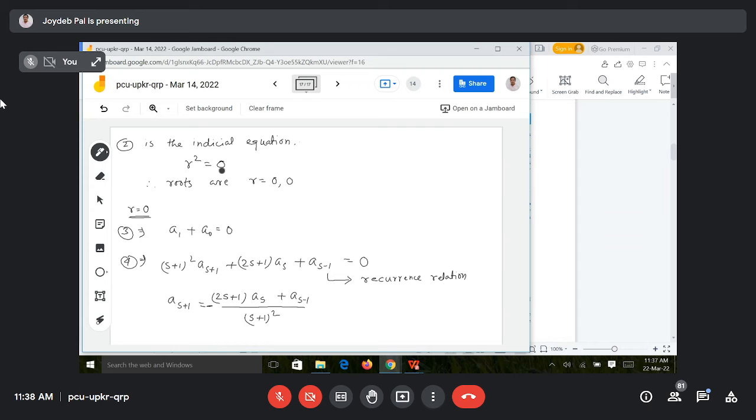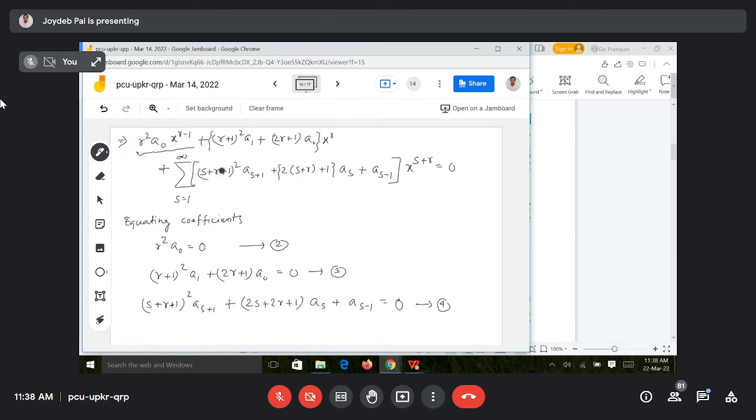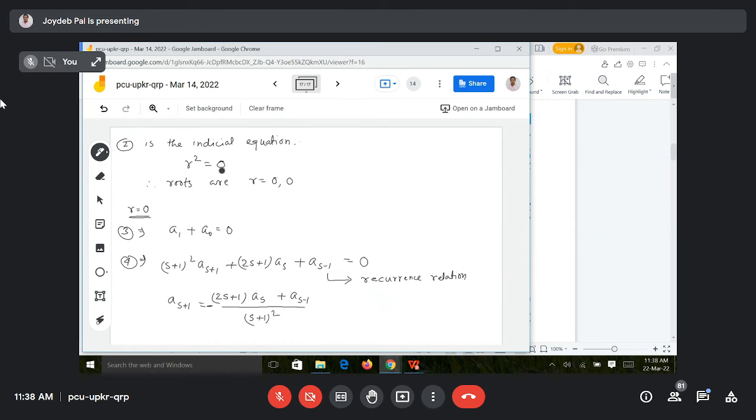Can I write it? Yes. So here s is starting from, in that summation you see s is from 1 to infinity. So s is starting from 1.